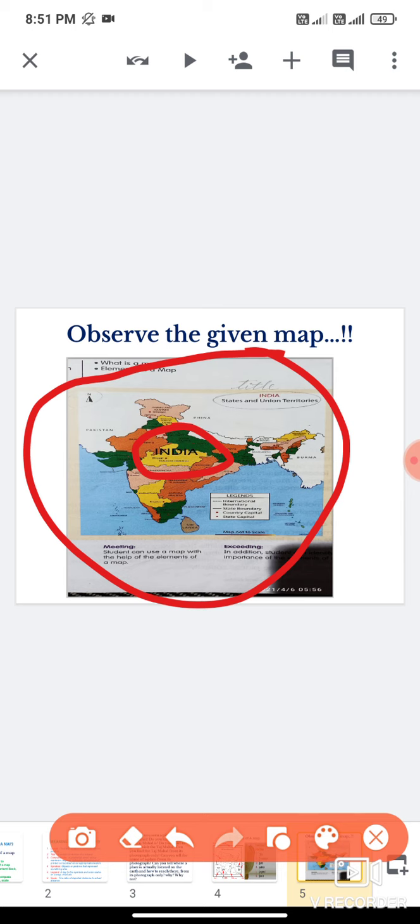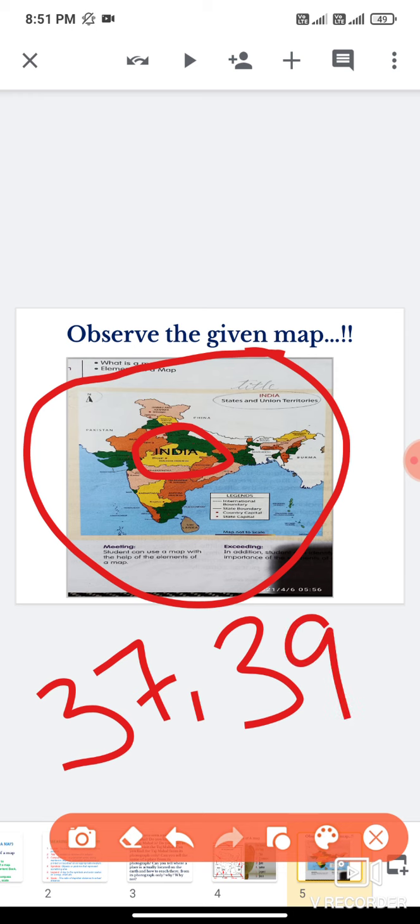For this picture, you can find it even in your content book, page numbers 37 and 39. If you cannot see it clearly, you can look in your textbook, content book, pages 37 and 39.